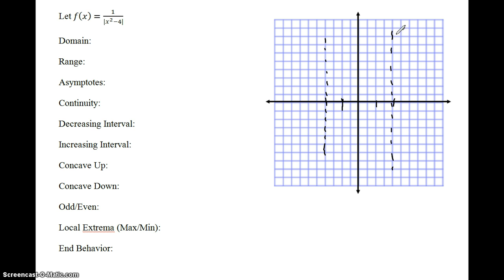Then everything is positive, so it's going to go like this, and then it's actually going to cross through 1/4.